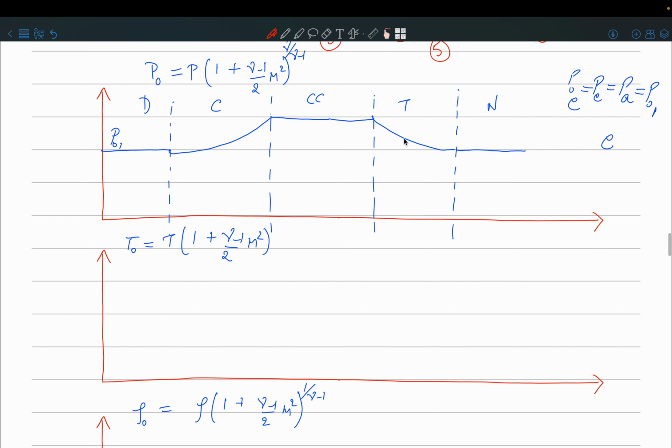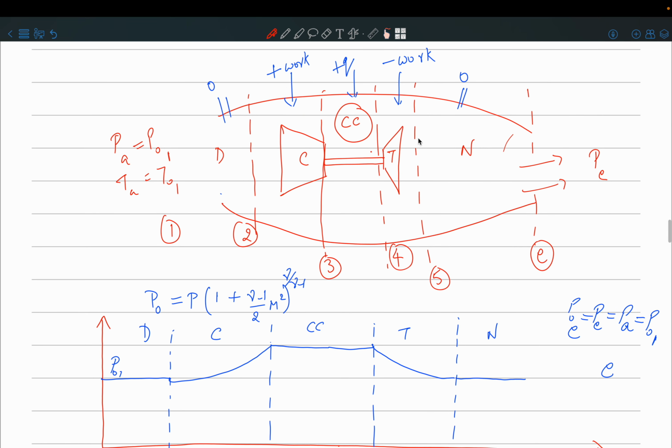If you refer to the stations that I have drawn above, the ratio that will matter is P naught 3 by P naught 2, that is the compressor pressure ratio, and P naught 5 by P naught 4, which is the pressure ratio across the turbine. And that you can compare. So P naught 5 is basically equal to P naught E. That is what I'm saying. So the pressure ratio will be from the exit and from the inlet of the turbine. That is the pressure ratio that will matter.